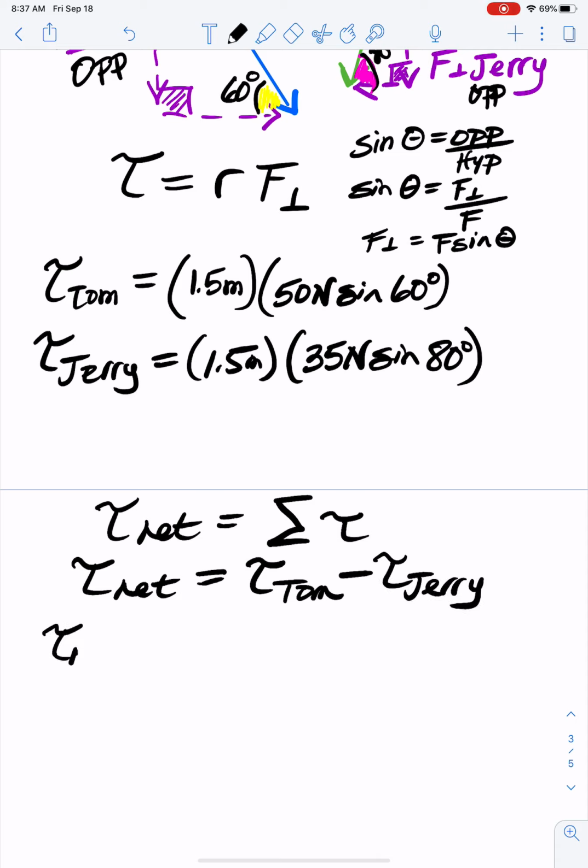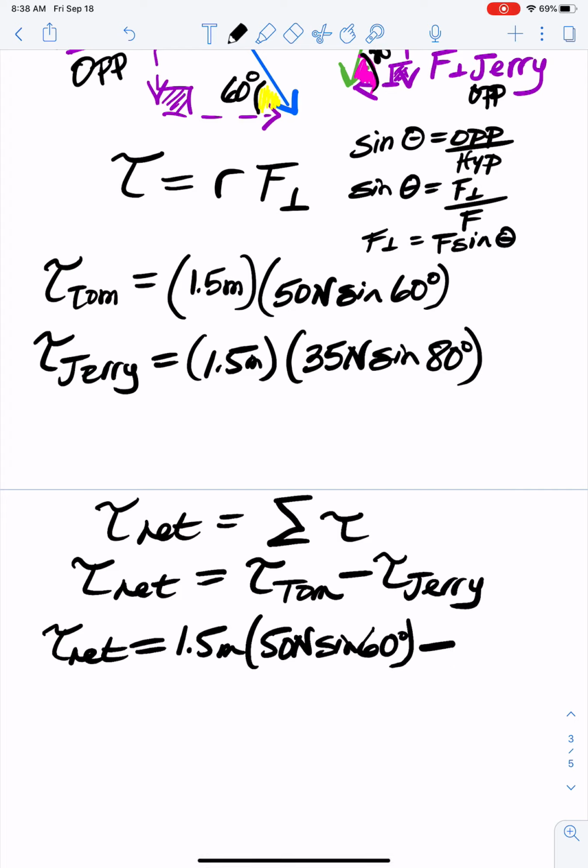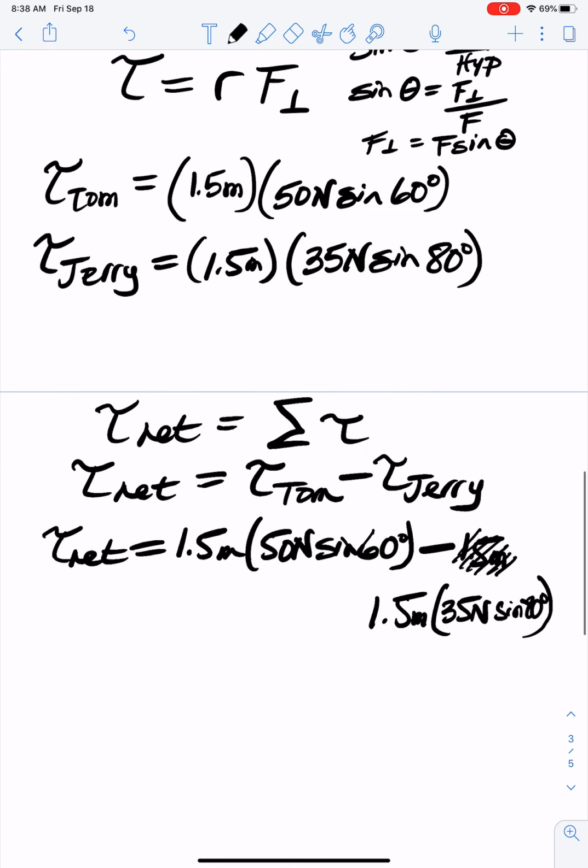So torque net is equal to 1.5 meters times 50 newtons times the sine of 60 degrees, minus 1.5 meters times 35 newtons times sine 80. I'm going to run out of room, so I'm going to write this below it. Whoa, that's close. All right, and then we can do some math there.